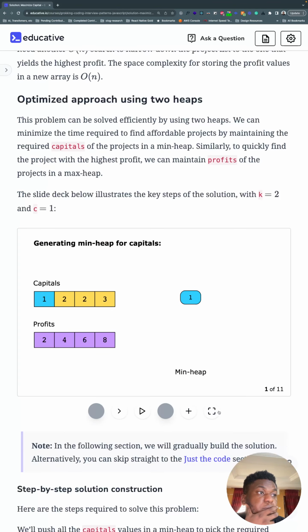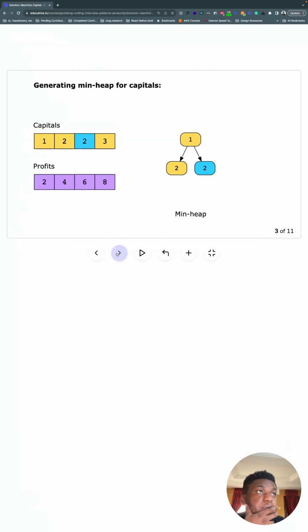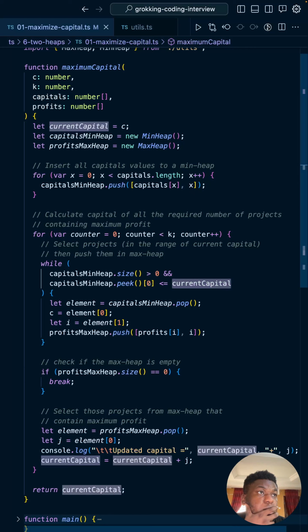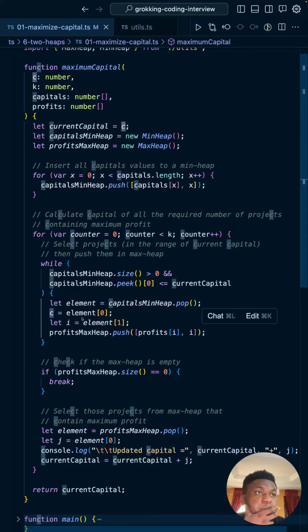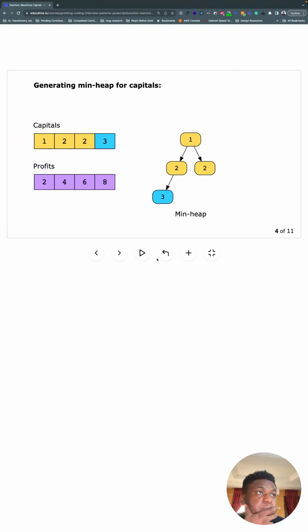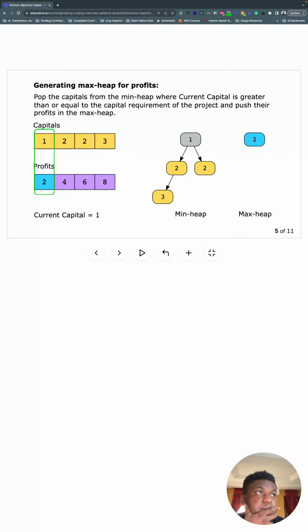We have populated the minimum heap. So 1 is less than or equal to the current capital of 1. So we pop it, we take it out, we keep it as a current capital C, and then keep track of its index so that we can take its corresponding profit and put it on the maximum heap. So that's what this does, it adds it there.